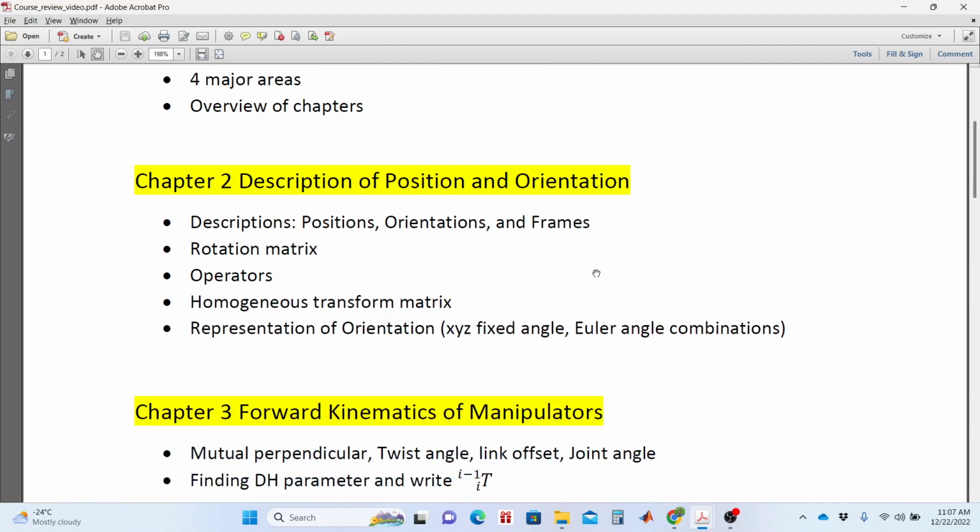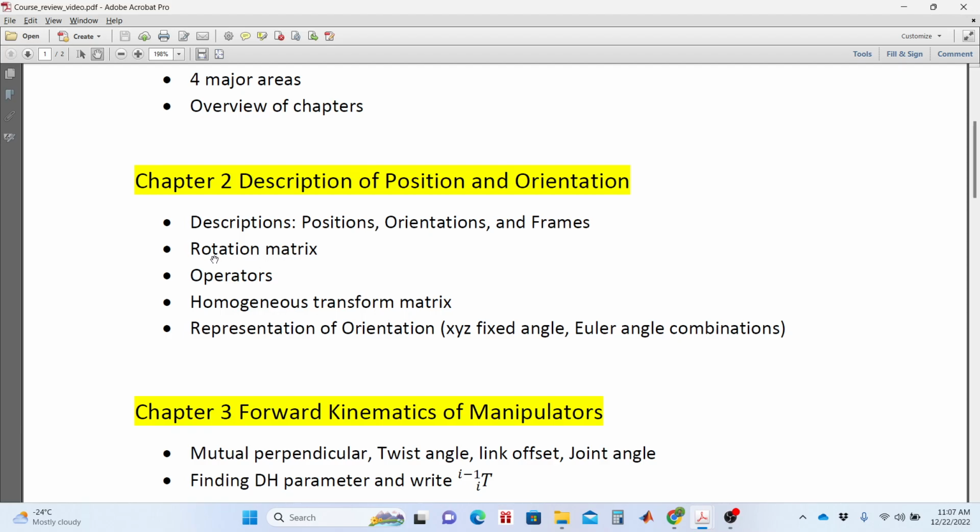Later in chapter 2, the description of position and orientation is covered. In the description part, the position can be expressed by a 3 by 1 vector, and we have learned that orientation can be expressed in a 3 by 3 matrix, and frame is the combination of position and orientation.